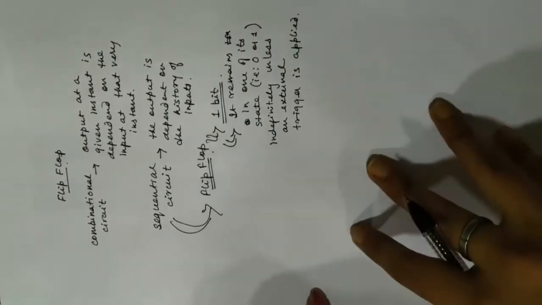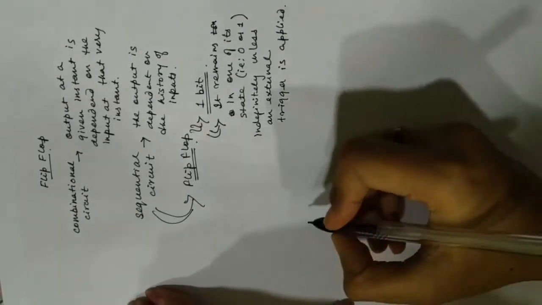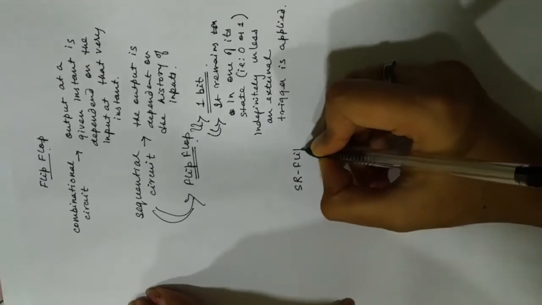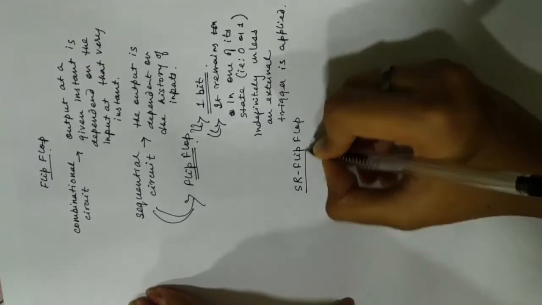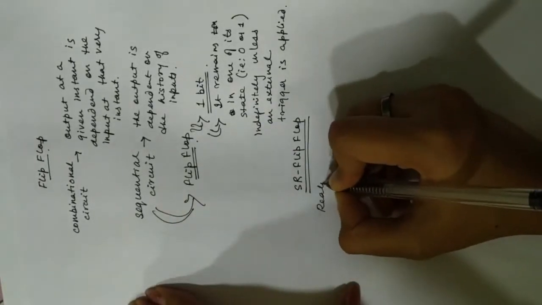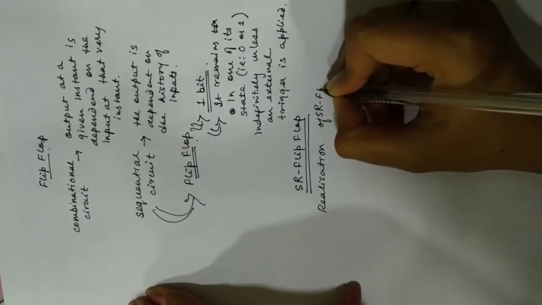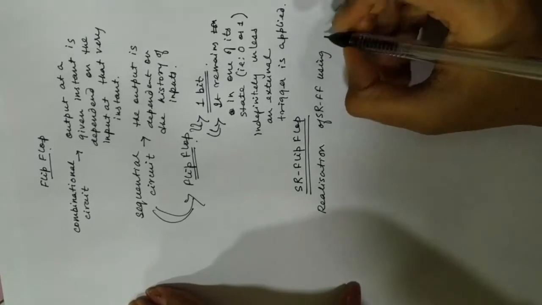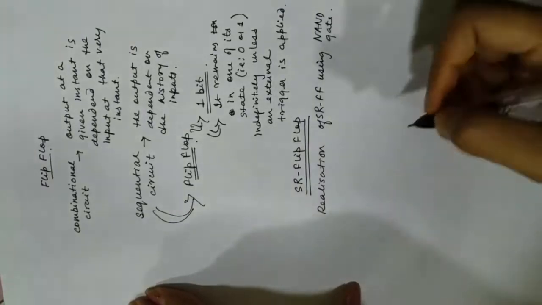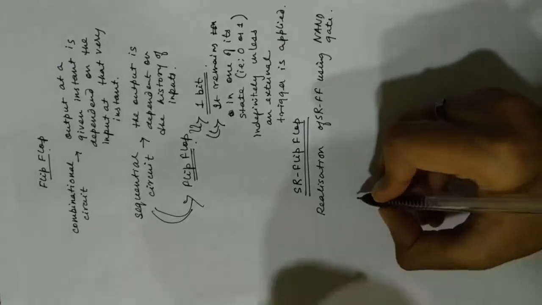So to understand it better, we need to know the circuit and how it works. So let's see what a flip-flop looks like. First we are going to study what an SR flip-flop is. Realization of SR flip-flop using NAND gates.